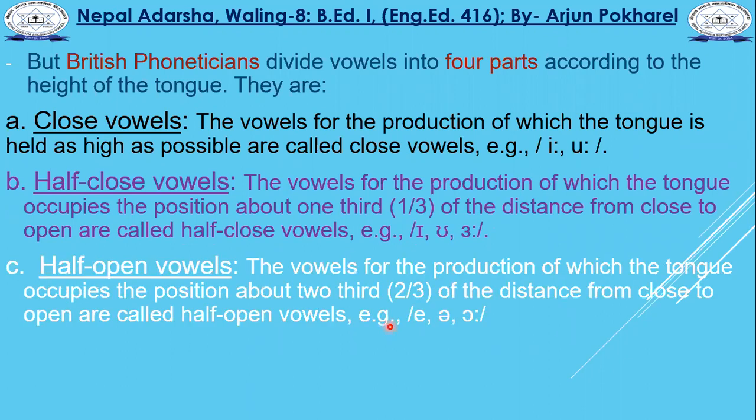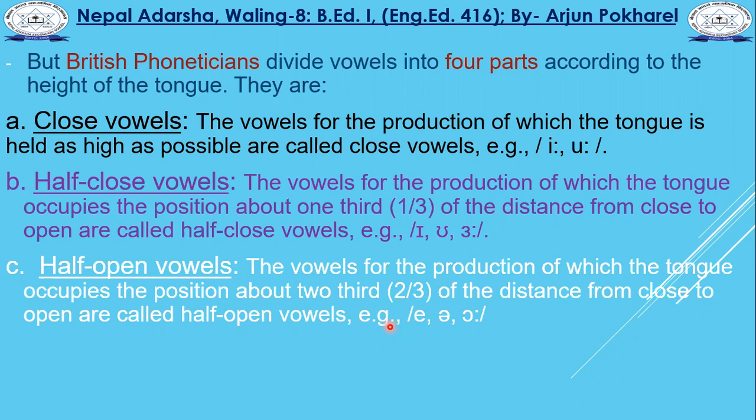The next one is half open vowels. The definition is the same, but whereas half close occupies one third, one upon three, here it occupies the two third part, two upon three, of the distance from close to open.